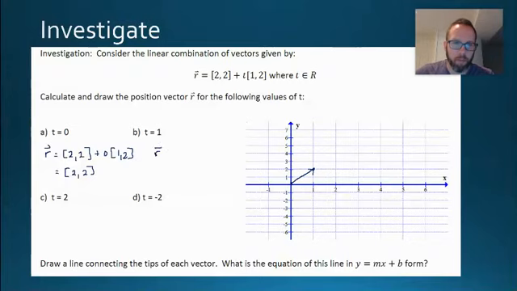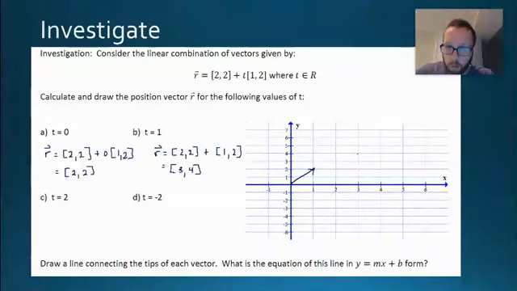What if t equals 1? So r would be (2, 2) plus (1, 2), because t is 1, and you could probably even do the mental math. We get the vector (3, 4). I might use dashed lines just to make sure my graph doesn't get too overcrowded.